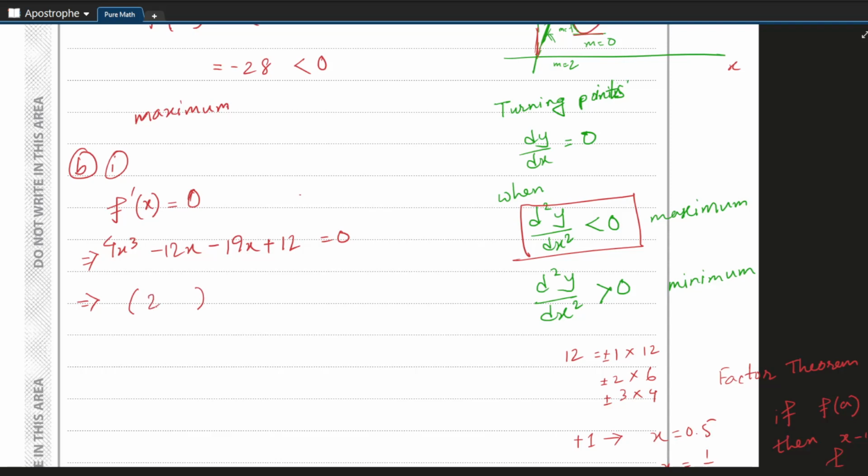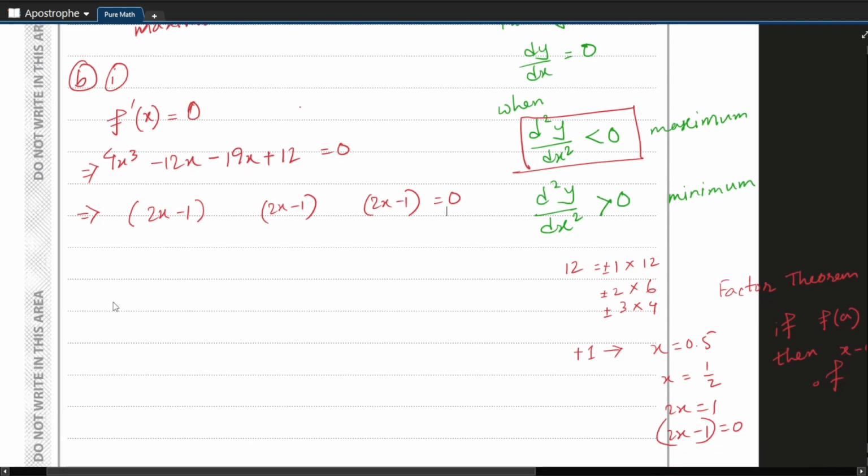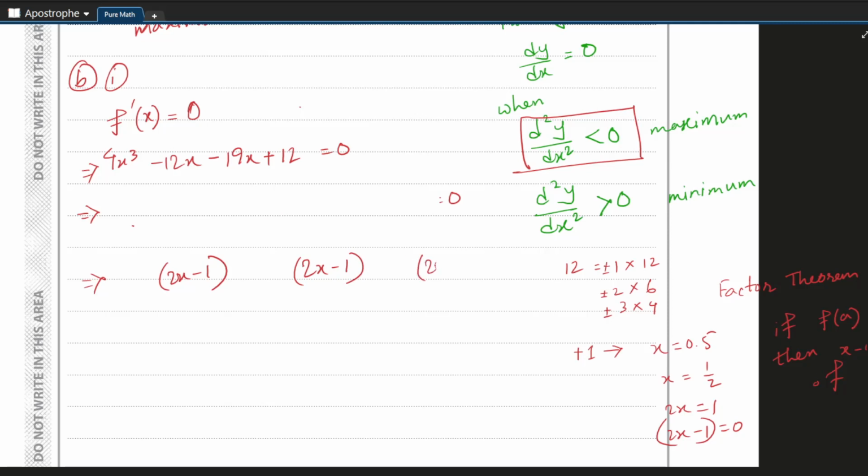So 2x minus 1 equals 0. Sorry, we have to write this one line below. 2x minus 1. We know that there's going to be 3 parts because of the power 3. To match the first one, we have to multiply 2x with 2x squared. So we get 4x cubed.